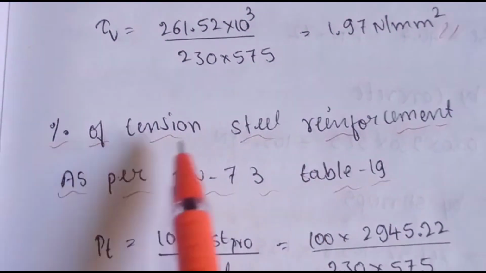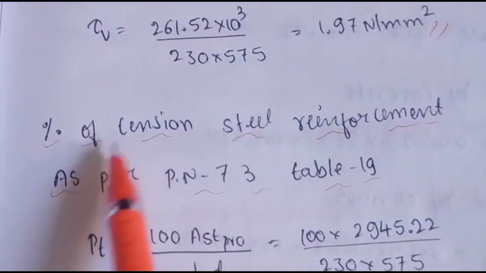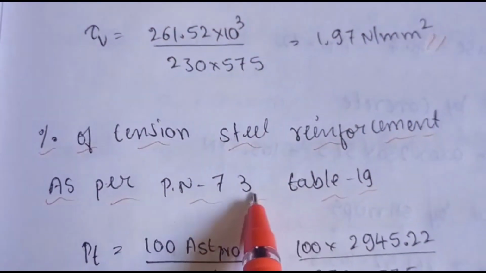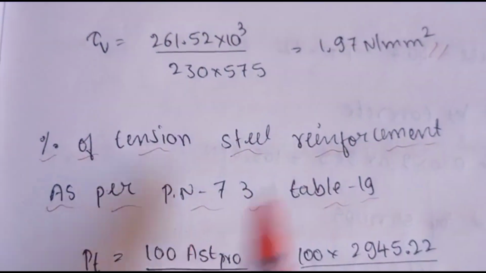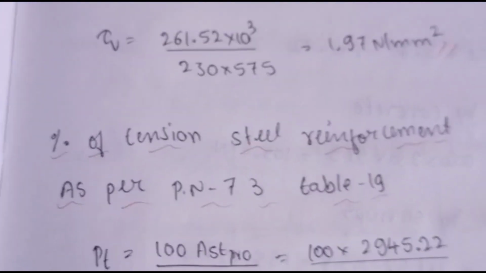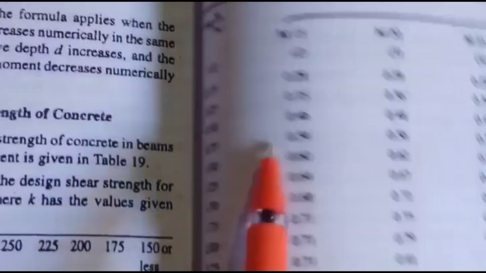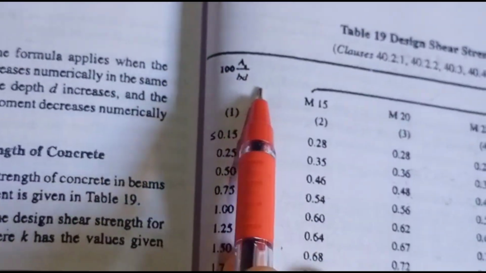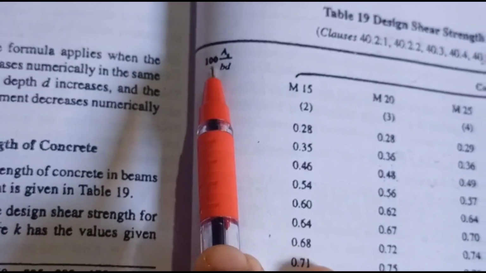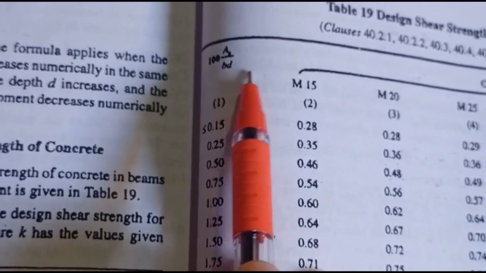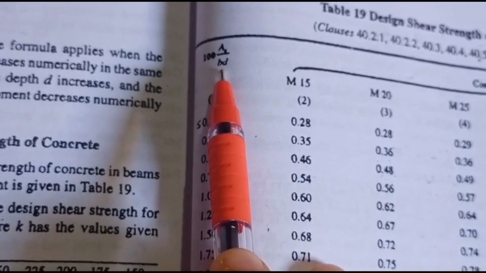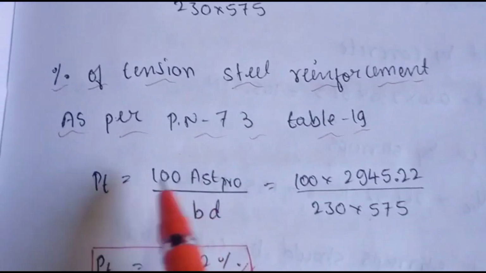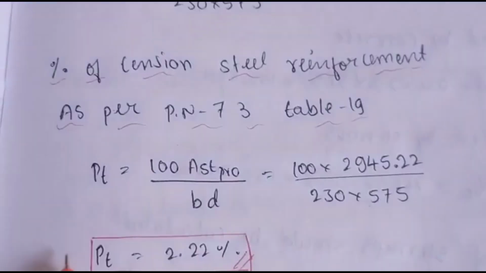To calculate the tensile steel reinforcement, we need to refer to page number 37 of IS 456 2000, table number 19. By using the formula 100 AST divided by BD, we will calculate the percentage of tensile steel reinforcement, the PT value.